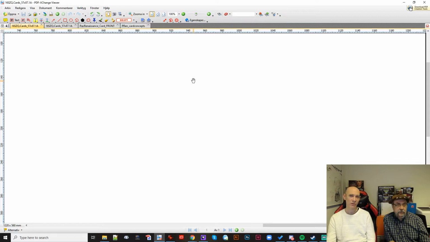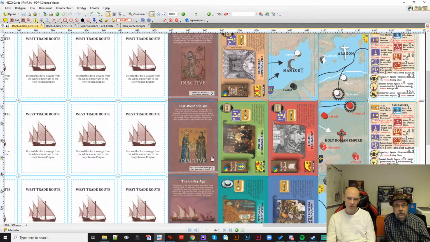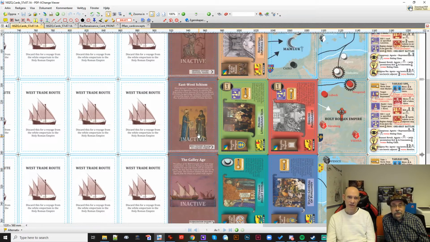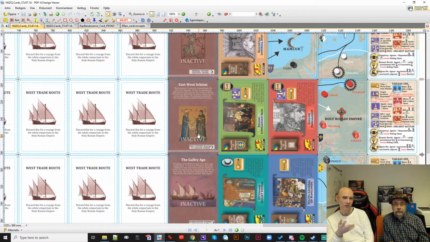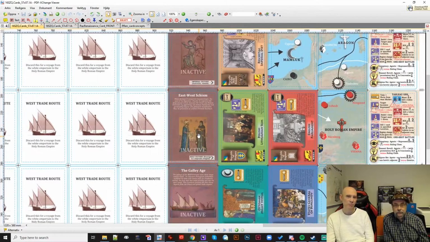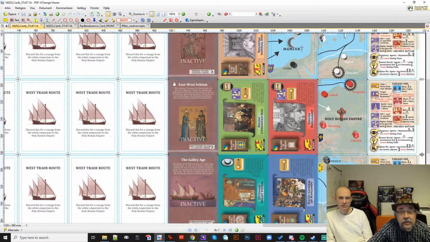But zoom in on the cards for winning the game, which are here, victory cards, and these say inactive here. But on the other side, you can see how it looks from the start, and some of them are a little simpler. There are 4 of them, but some of them are a little complex to understand how to do, for instance, this East-West schism.